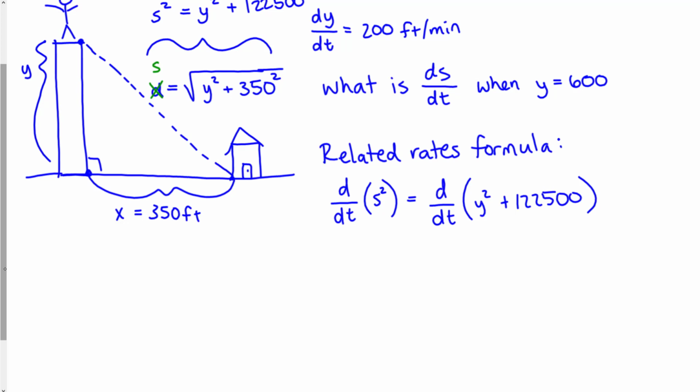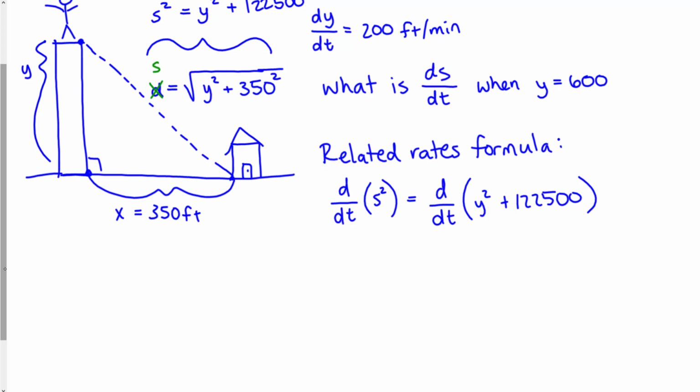And that actually saves me a lot of effort because making it s squared equal to y squared plus 122,500 is only going to require the power rule when we go to get the derivative. If I left it with that square root, we were going to have to use the chain rule. So that's actually a nice improvement.